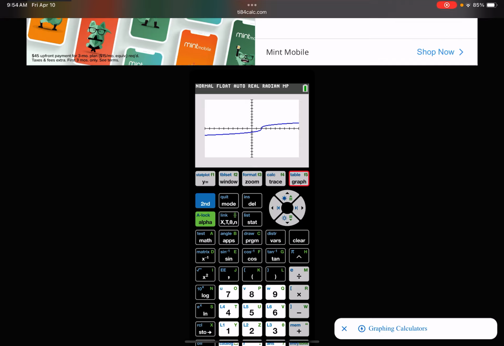We agree? It's also constantly increasing from left to right. If I just trace this from left to right, it's constantly going up. So it's also constantly increasing. So this function is 1-to-1.